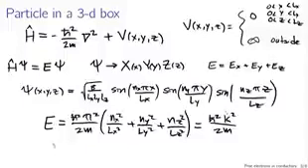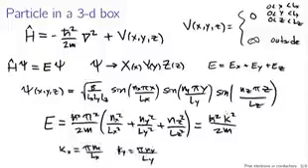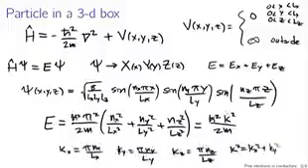The k vector that we're working with then is, for instance, given by kx is equal to pi nx over Lx. Likewise, ky equals pi ny over Ly, and kz is equal to pi nz over Lz, where the overall k squared is kx squared plus ky squared plus kz squared.